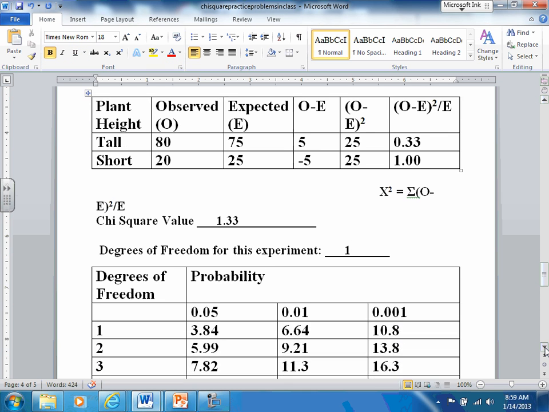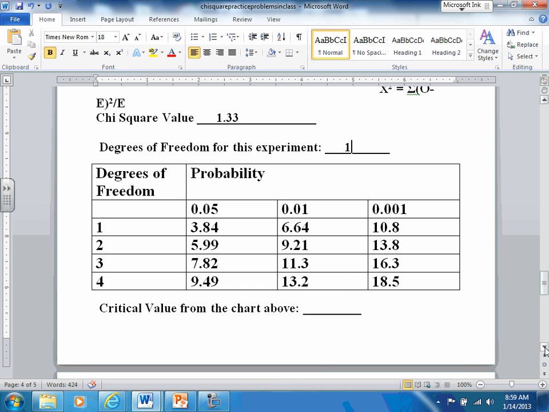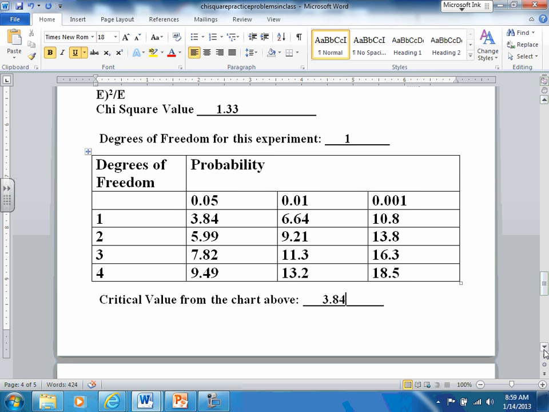Now we go down to our table and we find our critical value. What's it going to be for this one? 3.84, 0.05, 1 degree of freedom. 3.84. Well, actually, while we're looking at it, let's compare them. Chi-square is less than the critical value. Whenever we get that, what does that tell us?